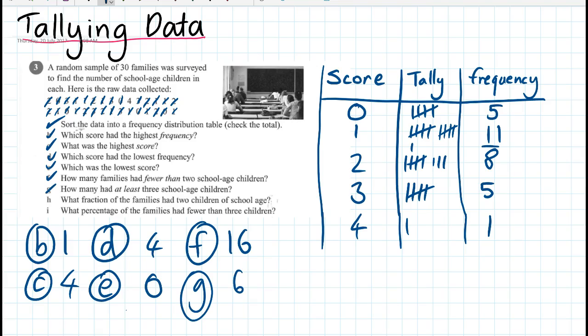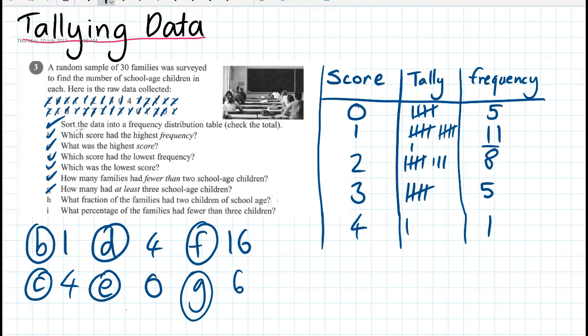What fraction of families had 2 school-aged children? A fraction of families is like the number with 2 children over the total. So what fraction of families had 2 children of school age?